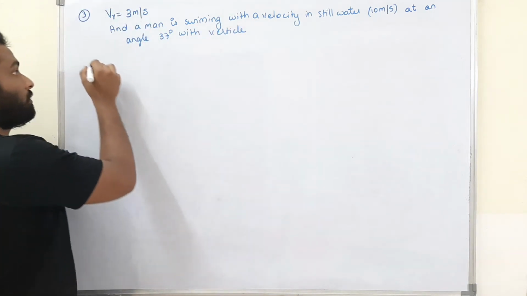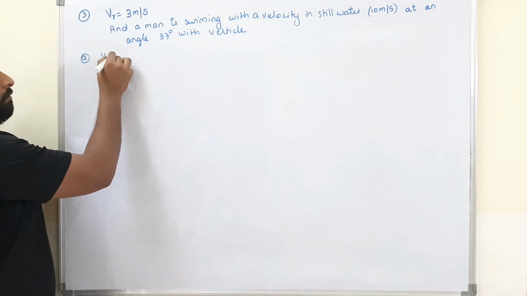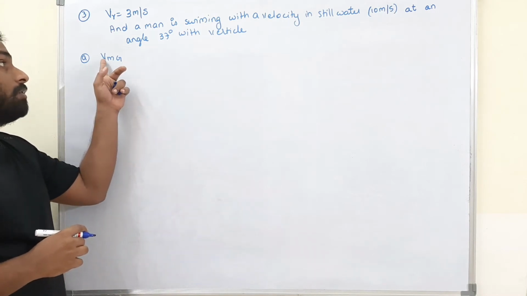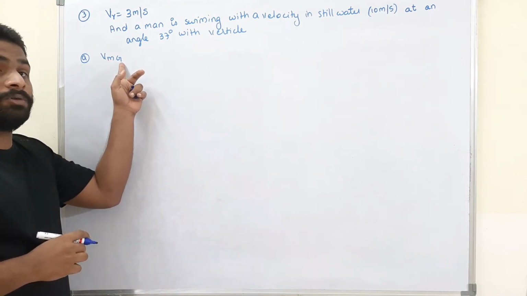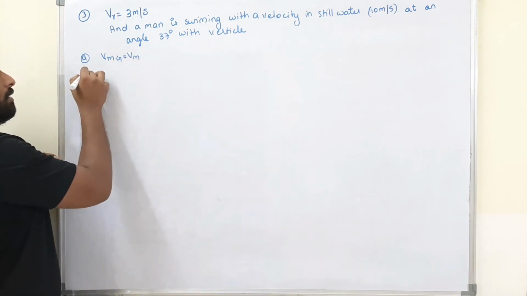Now they want to find, first, the velocity of man with respect to ground. That is nothing but simply the velocity of man.